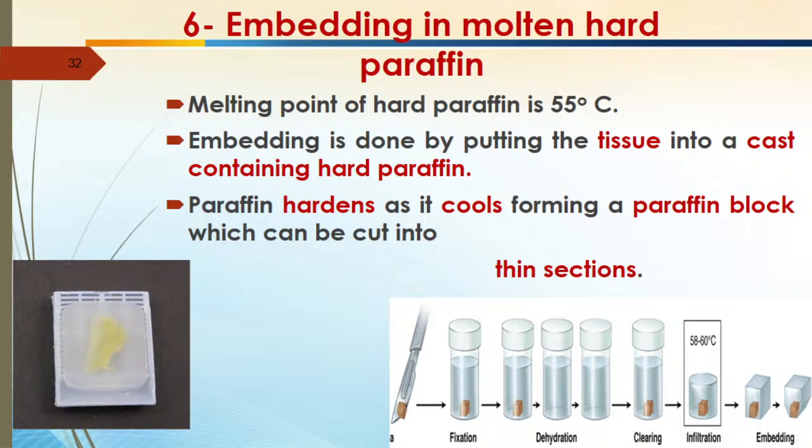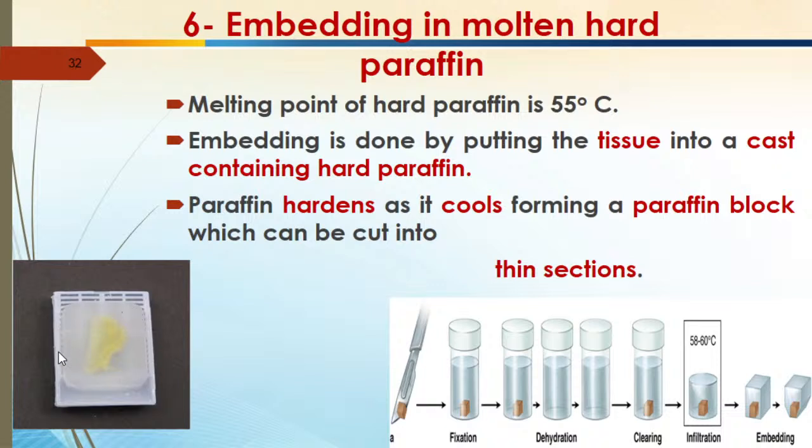Embedding in molten hard paraffin comes after that, at a higher temperature, 55 degrees. Embedding is done by putting the tissue into a cast containing the hard paraffin. The paraffin hardens as it cools, forming the paraffin block, which can be cut into thin sections.